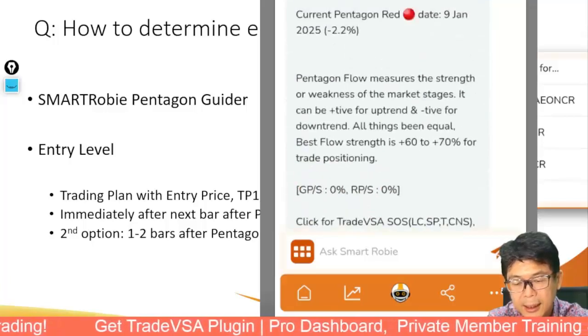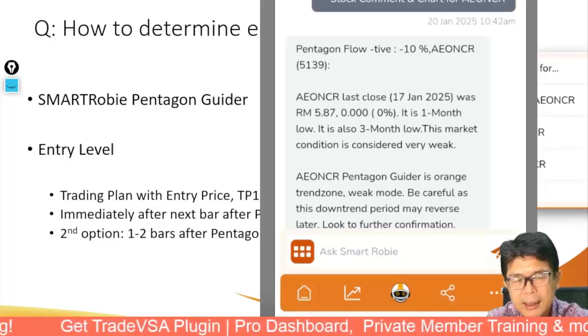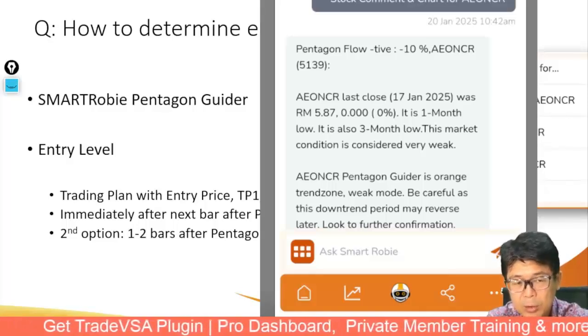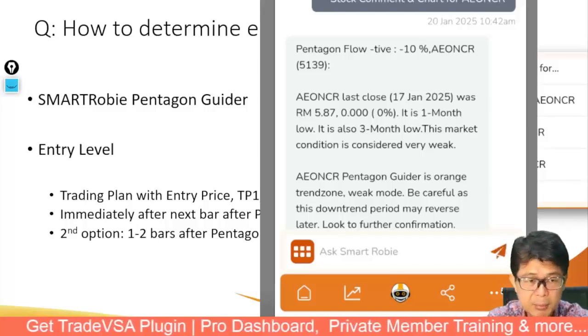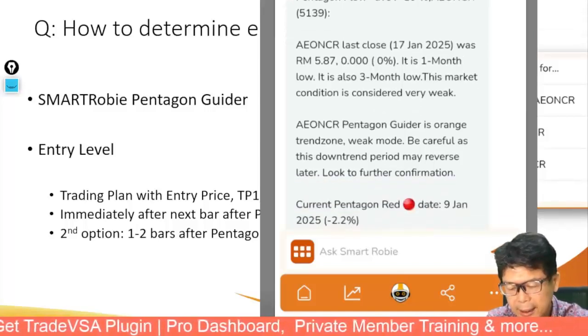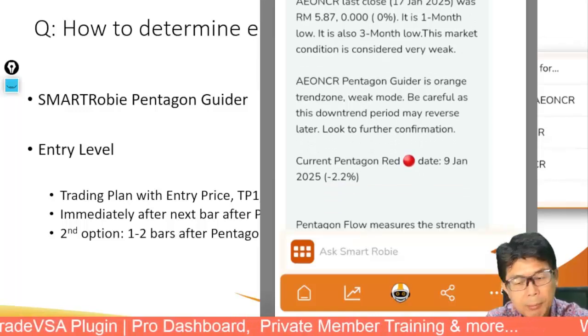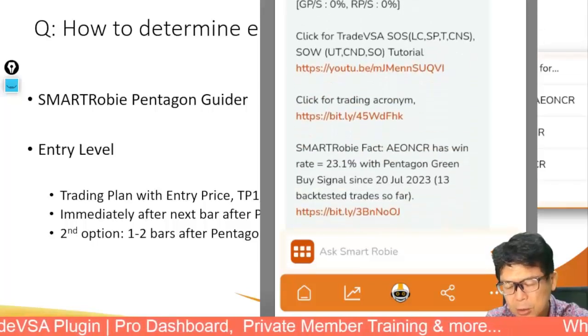And again, you can read this. So it is relatively negative, right? The pentagon flow, the stronger the pentagon flow, it becomes positive. And all this again is in our FAQ. So the last month, 1 month low and 3 month low. Okay, red pentagon. So it's actually going in a downtrend.